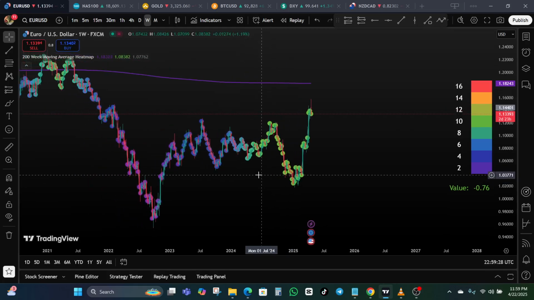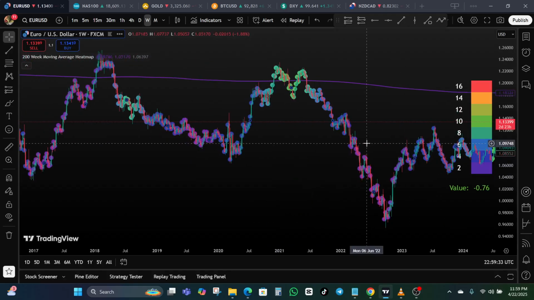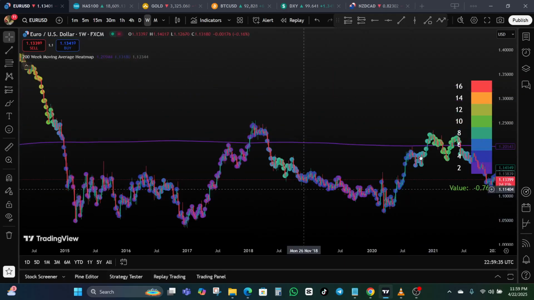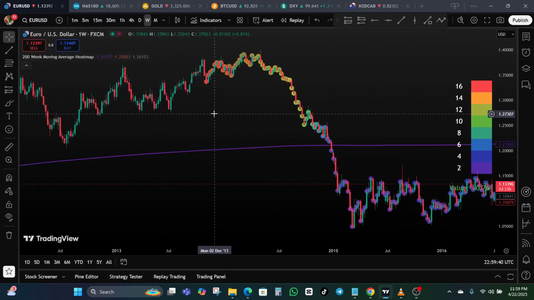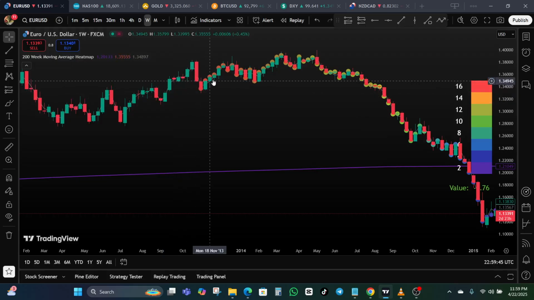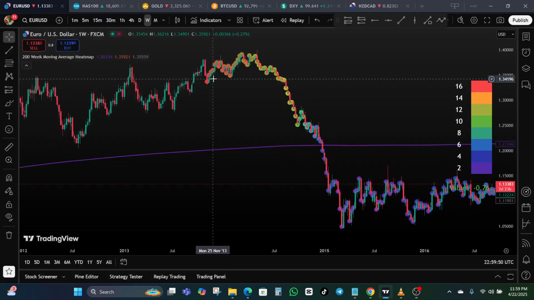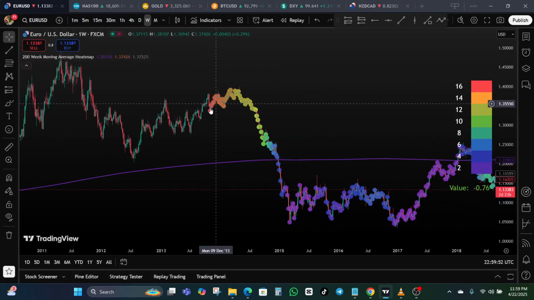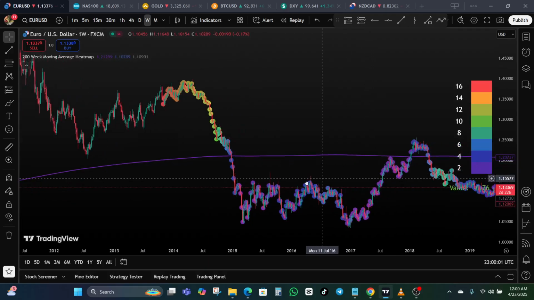The more it shows that sellers are likely dominating. Okay, then when you notice that the color code is changing to red, the more it shows that the bulls are dominating, right? Because you will notice that majorly when the red appeared was when the price was above this 200-week MA, right? And then when the purple appeared was when the price was below.